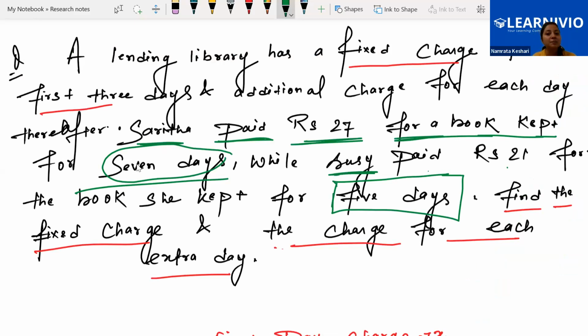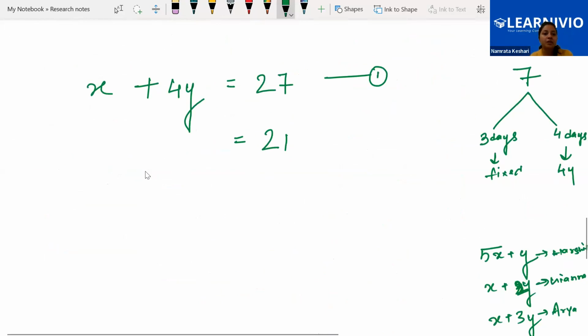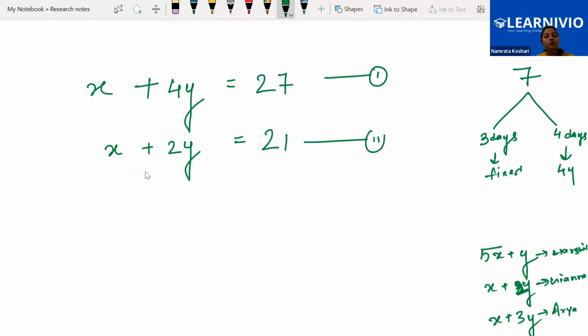If the person is keeping the book for 5 days, that means for 3 days a certain amount has to be paid, and for the rest of the 2 days the person needs to pay for each day. So the equation will be x for the first 3 days. 5 days are there, so the remaining 2 days will be 2y, and this is our equation number 2.